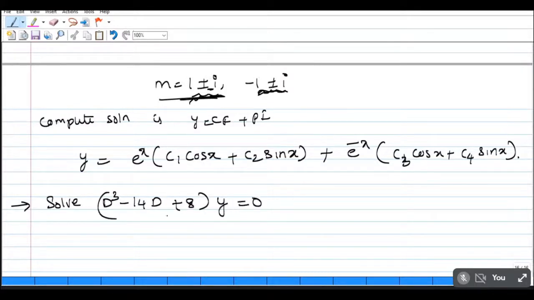Solve this: (D cube minus 14D plus 8) of y equal to 0.